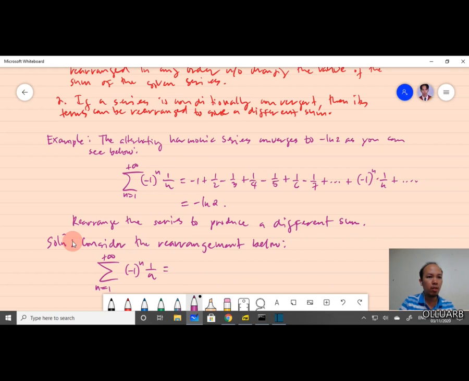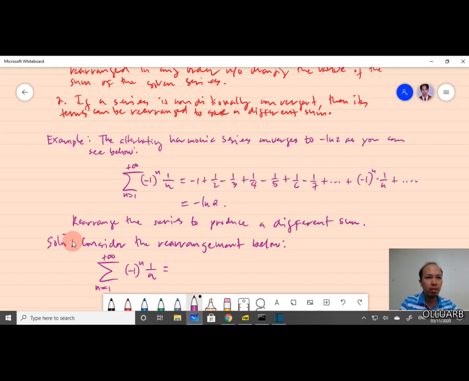So first you have to expand this. This is the expansion. Try to expand maybe more than 10 terms here. But anyway, this is the following rearrangement.